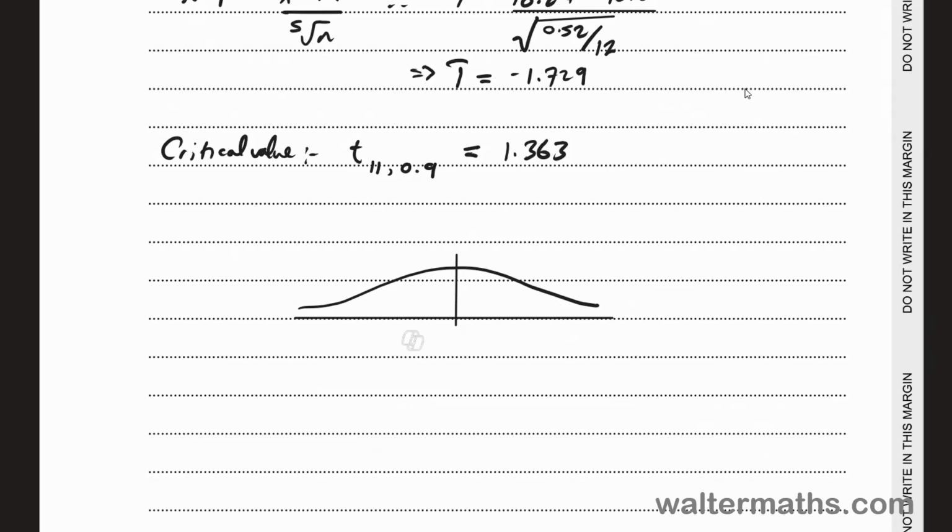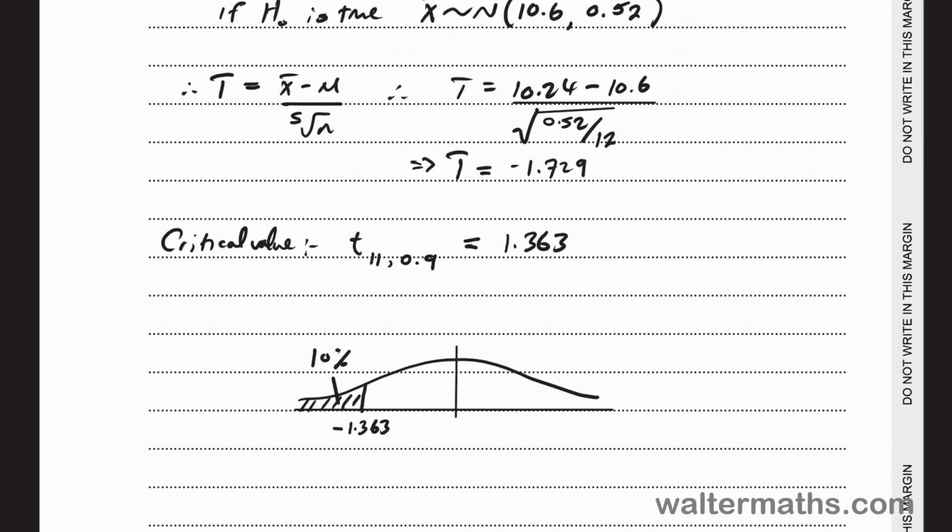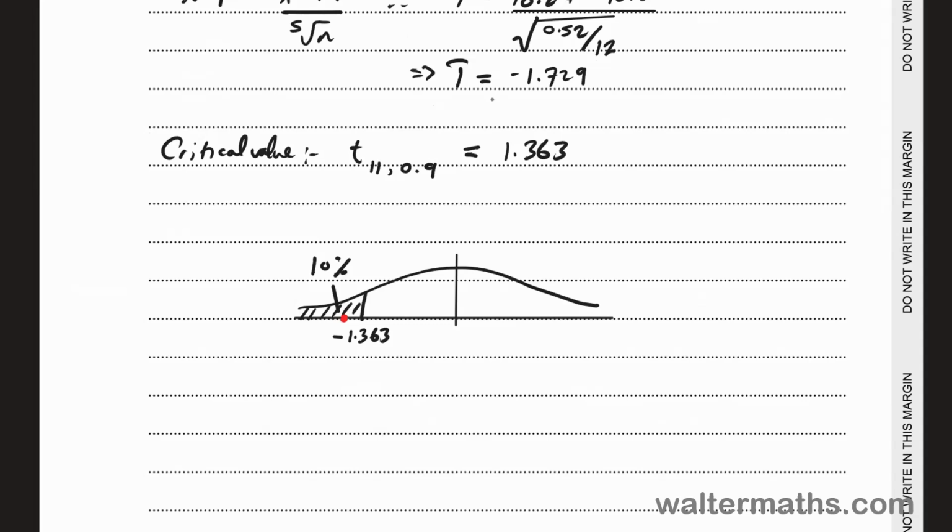So for a lower tail test, we know that this is the critical region, and the critical t-value should therefore be negative 1.363, and this is 10% of the area under the curve. And we've also found that the test statistic is minus 1.7, which means it is lying in the rejection region, really.